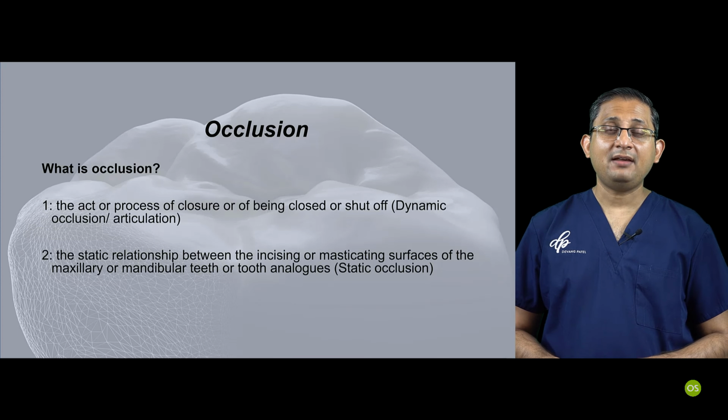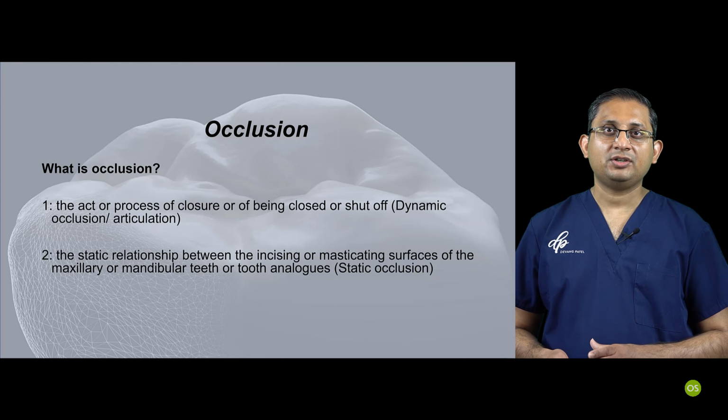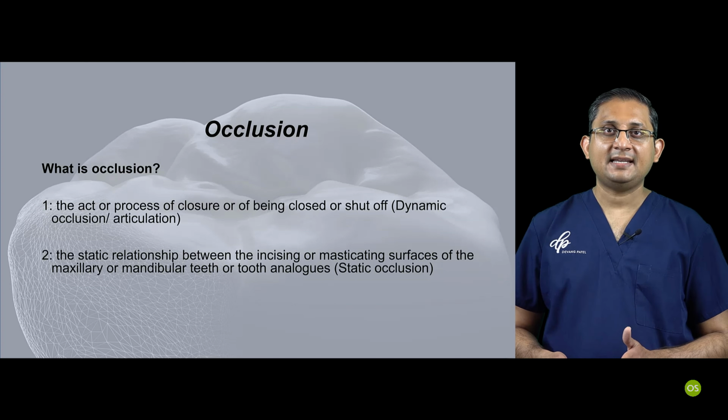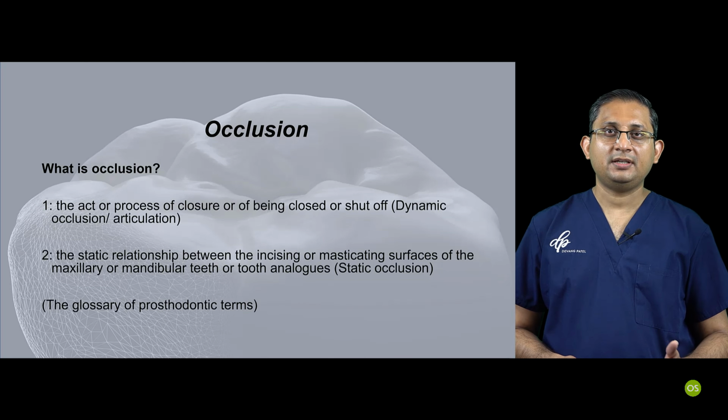However, when you're para-functioning, sometimes static occlusion becomes important. That's why, although we check static occlusion, we really need to check dynamic and static occlusion together when we are assessing some occlusal issues. These are the definitions you can find in the Glossary of Prosthodontic Terms.